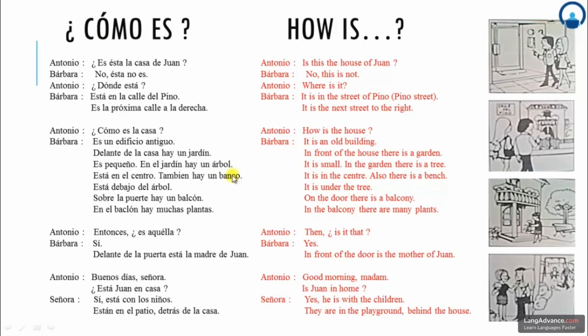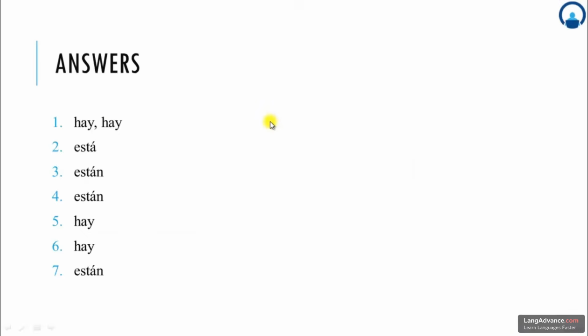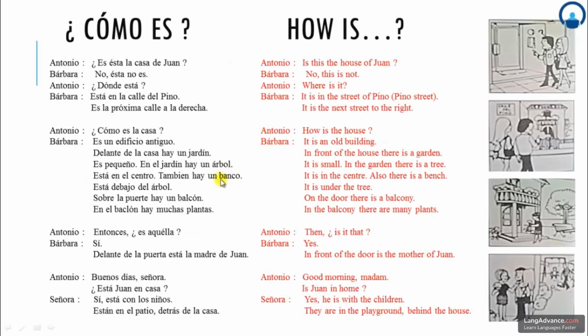Now the difference is this banco, the bench, the B is small, and in the bank, the banco which means bank, B is capital. So I know it might be a very tedious thing, but yes, this is a rule which says banco with a capital B is bank and banco with a small b is bench. Okay, let's move ahead. Está debajo del árbol.